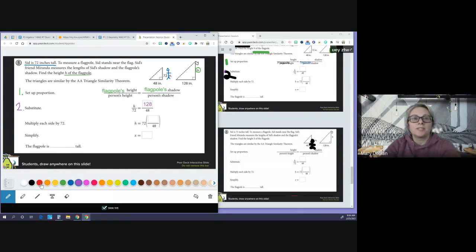All right, now we're on to step 3. Step 3 says to multiply each side by 72. So we're basically solving the equation in the third step. Since h is being divided by 72, we multiply both sides by 72. And so we still have in this little box here, 128.